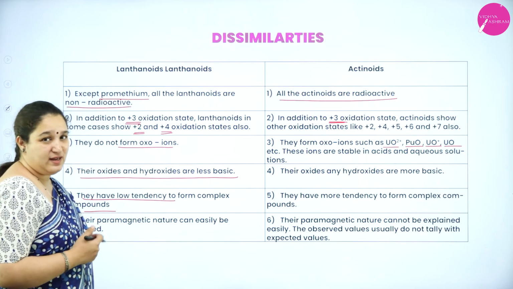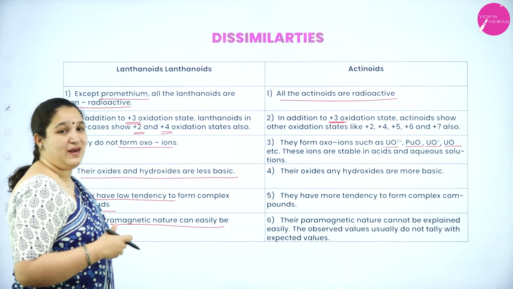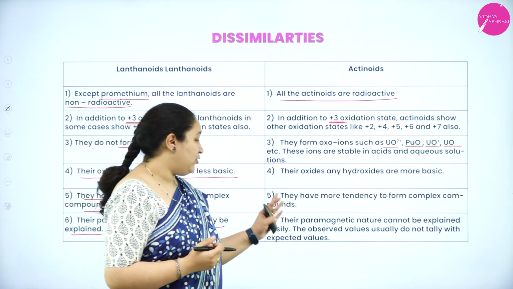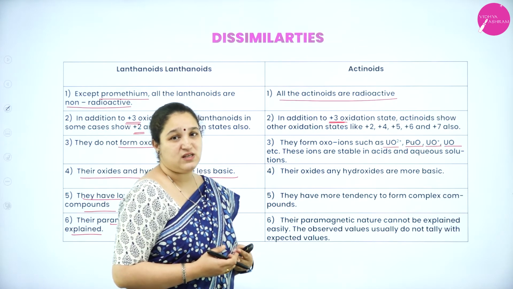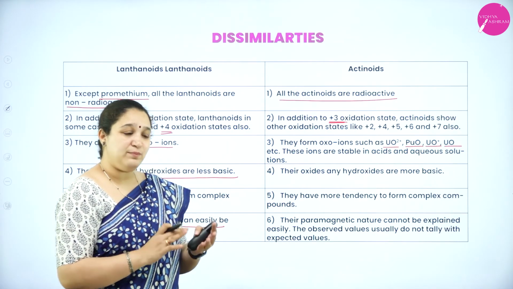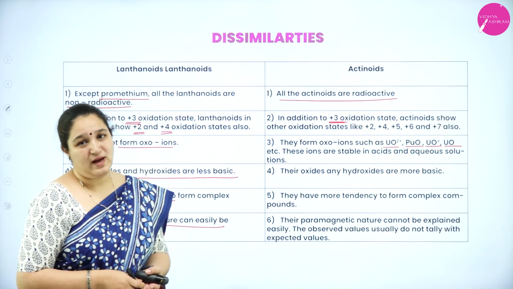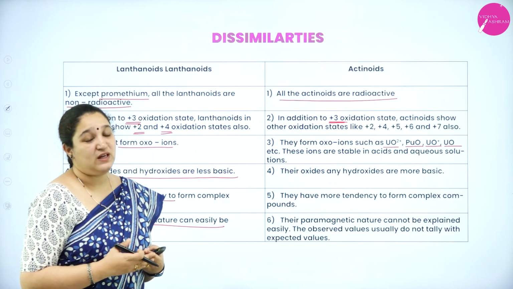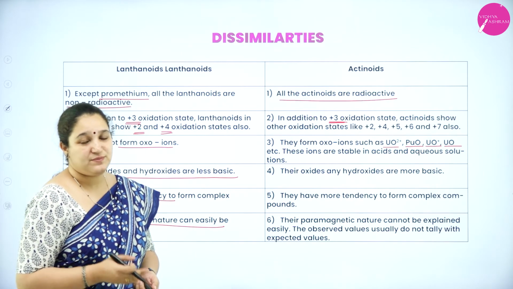Last dissimilarity is the lanthanoid paramagnetic nature can be explained very easily, but for actinoids, their magnetic property is not so easy to explain, and there is some difference between the observed value and the calculated value as well. So these are some of the dissimilarities between lanthanoids and actinoids.